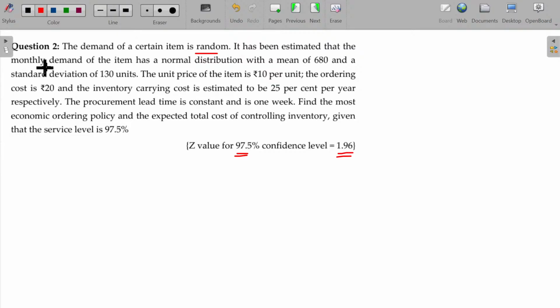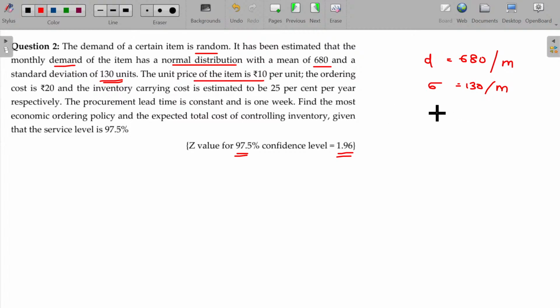It has been estimated that the monthly demand of the item has a normal distribution with a mean of 680. This is the mean, 680 per month, and a standard deviation being 130 per month.